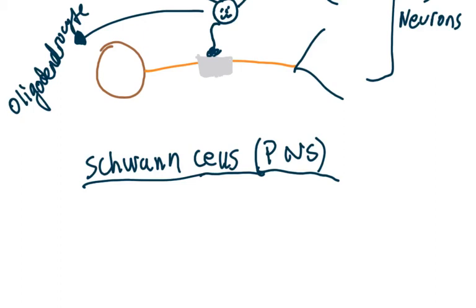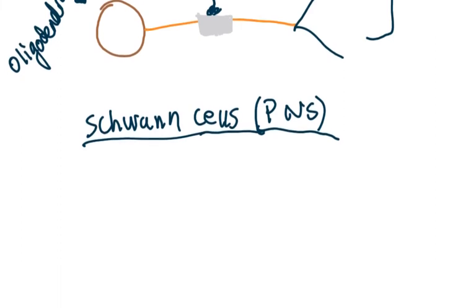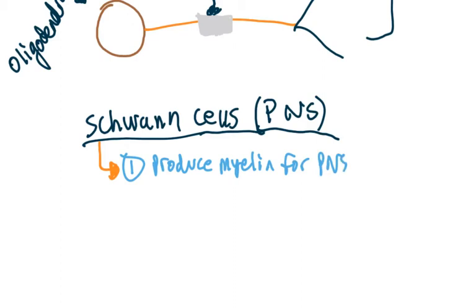All right, so let's write some functions. One function, as we just said above, is to produce myelin for our peripheral nervous system nerve cells. Sorry about this random dot here. Okay, so that's one function of our Schwann cells.